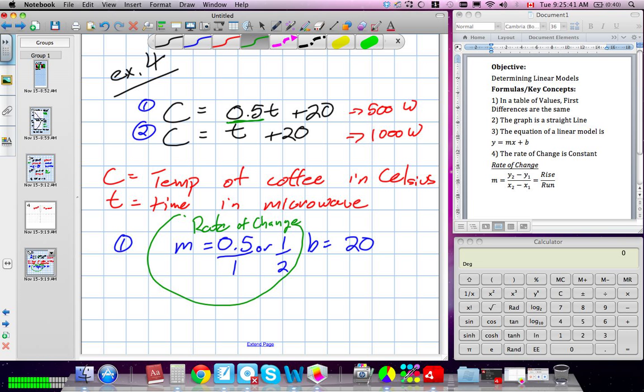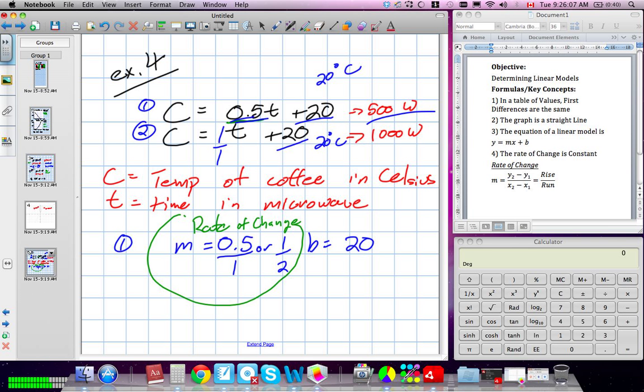So, apparently, we put the coffees in these microwaves, both of them, at 20 degrees Celsius. Okay? That's for both of these. They both have the exact same y-intercept, 20 degrees Celsius. The rate of change is 1 over 2 for the 500 watt microwave and 1 over 1 for the 1000 watt microwave. So I'm going to quickly graph those for us.